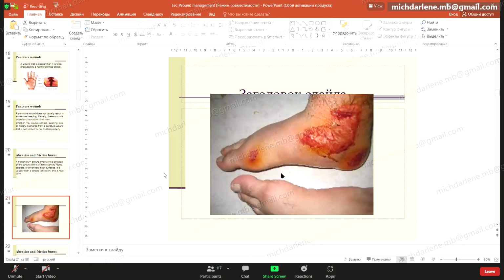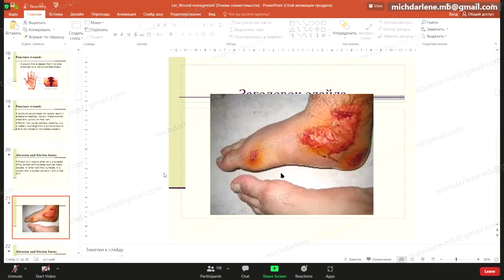Check the picture of abrasion wounds, maybe it's the legs of our Spider-Man who chose Kursk, and what happened with the internal surface of the ankle joint, with the abrasion or friction kinds of wounds. These wounds are not so deep, but the large injured area guarantees that you can see some inflammatory changes after a few days.